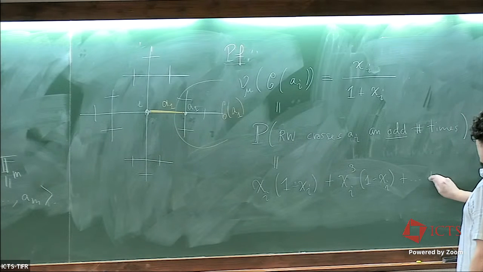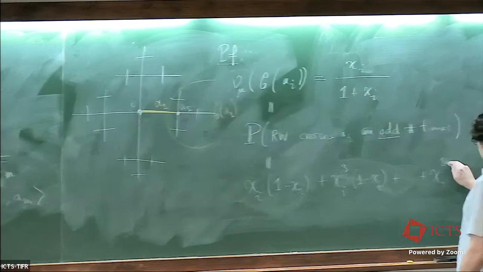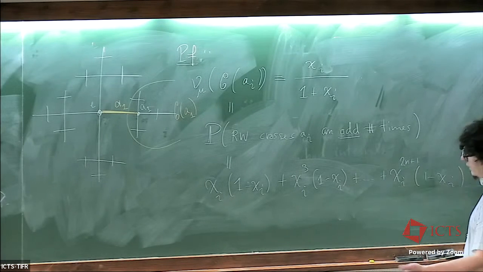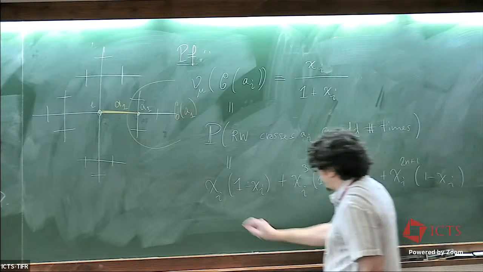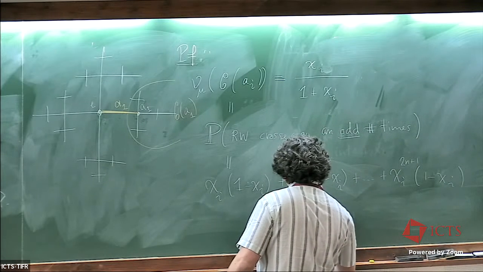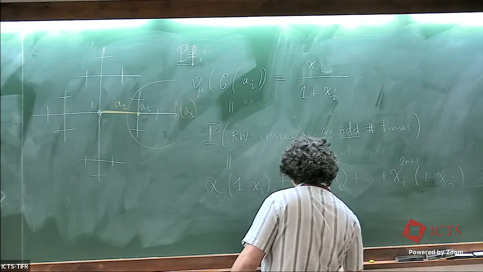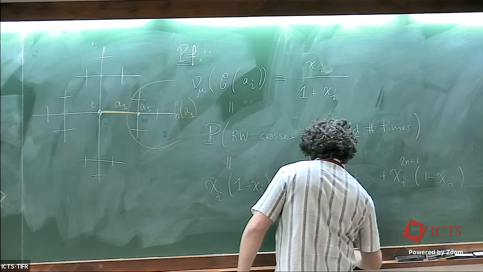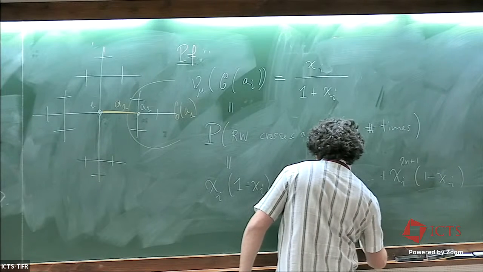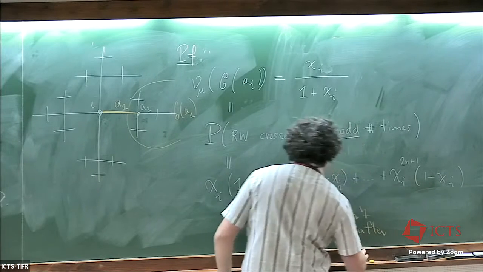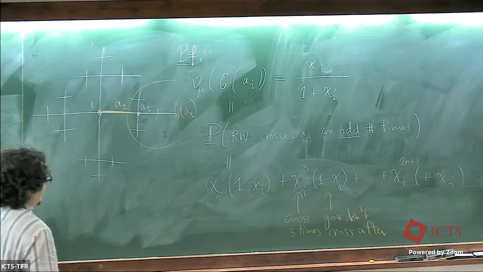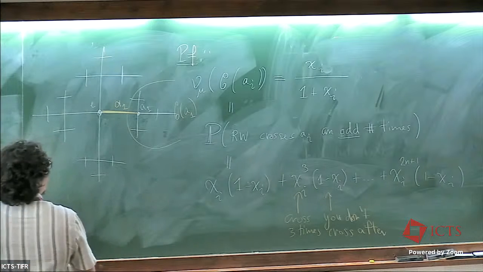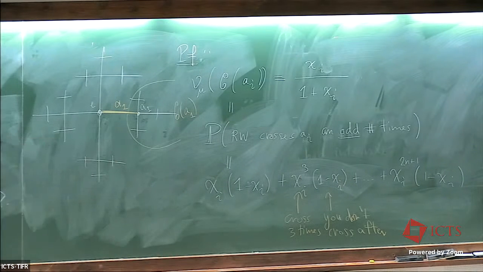So this gives you all the odd ones. So this means you cross 3 times, and then you don't cross after. And then, of course, this is clearly xi over 1 plus xi.